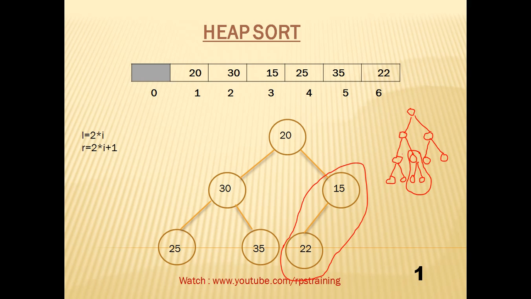Create this subtree as a max heap, then this subtree, and at last this. It is the process for creating a max heap.